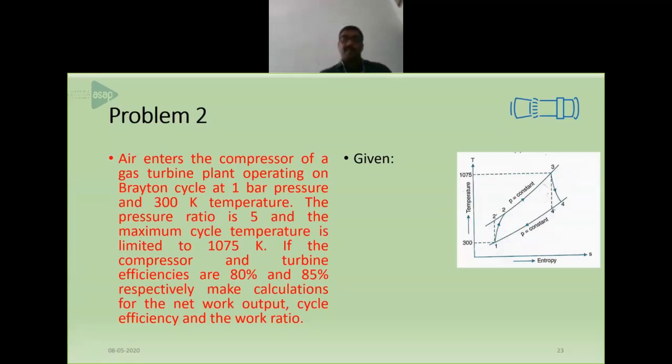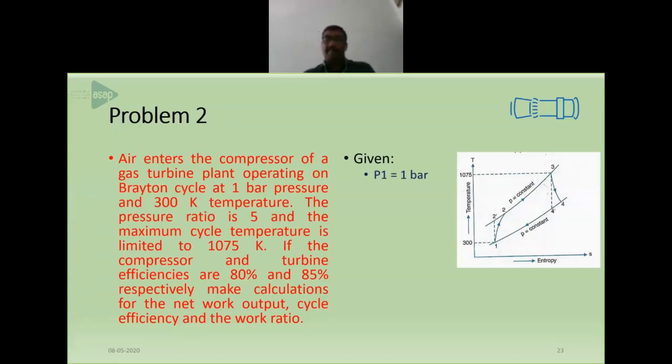The pressure ratio is 5 and the maximum cycle temperature is limited to 1075 Kelvin. The compressor and turbine efficiencies are 80% and 85% respectively. Make calculations for the net work output, cycle efficiency, and the work ratio.